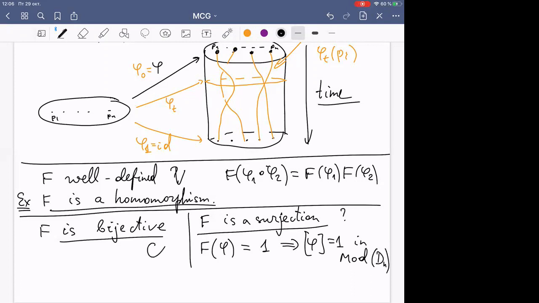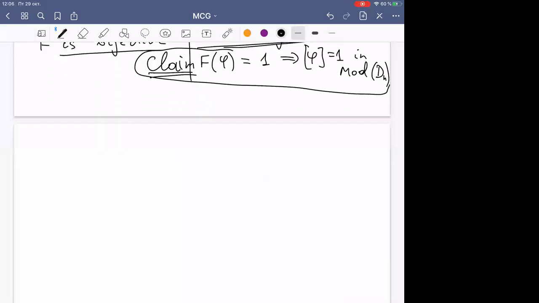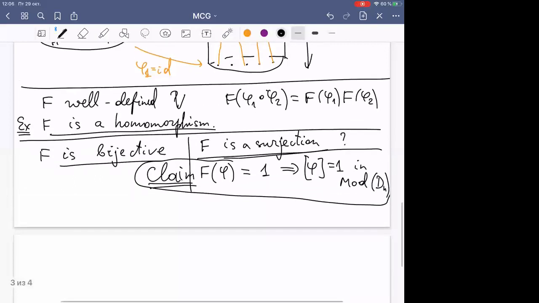So this is the claim which we need to prove to show that F is an injection.